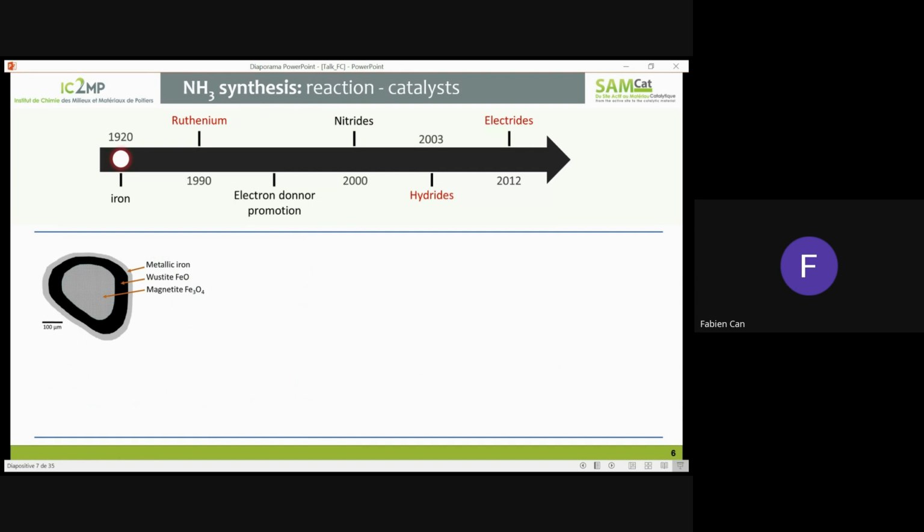At the beginning, the catalyst used was based on iron, which is an abundant and inexpensive material.